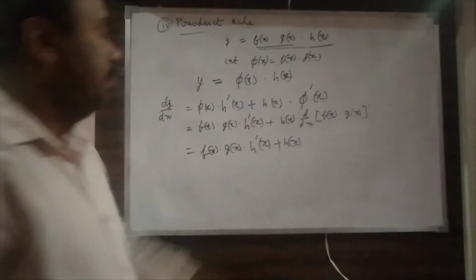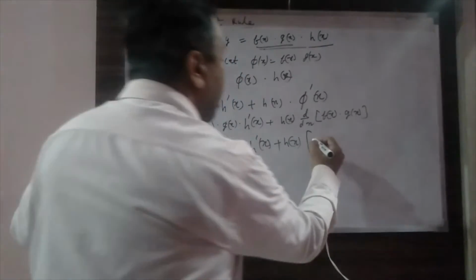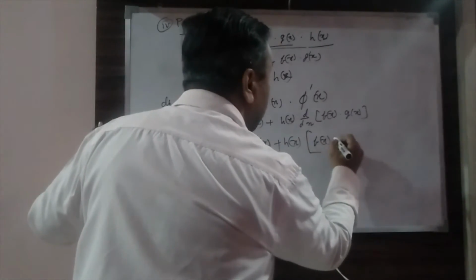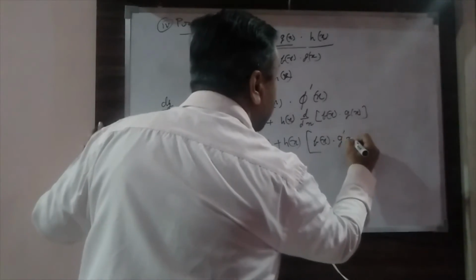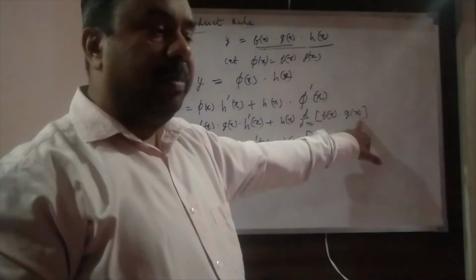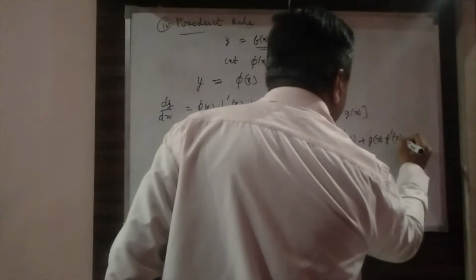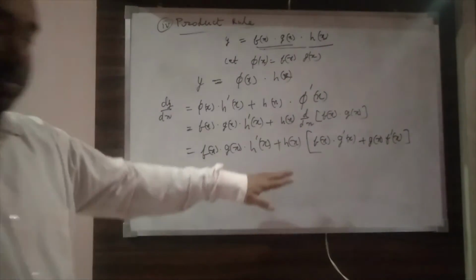This part is not to be differentiated again. Now in this, it will be f(x) multiplied by g'(x), as I told you, first function multiplied by differentiation of second function, plus second function multiplied by differentiation of first function.